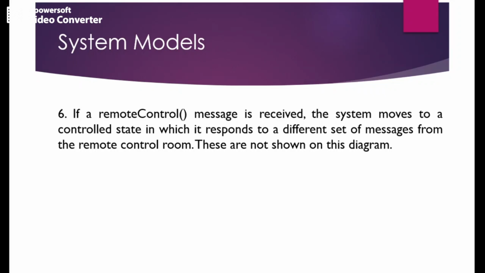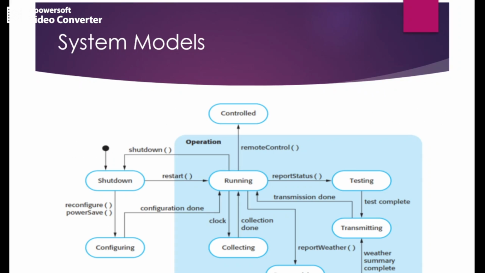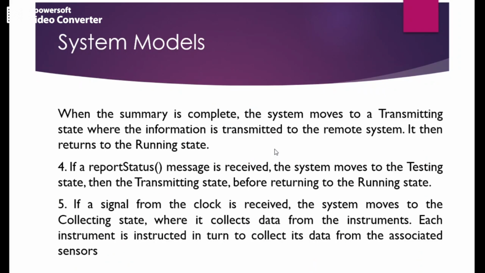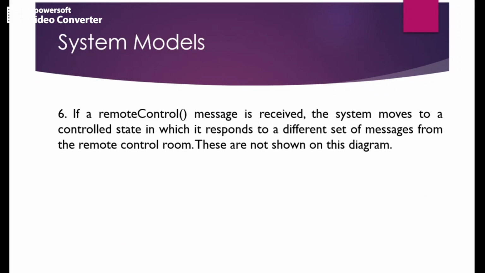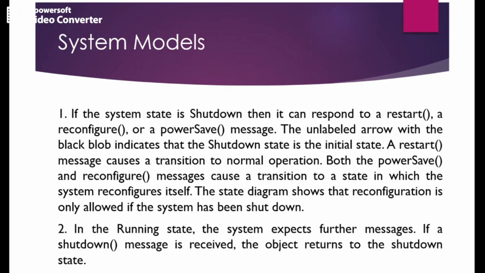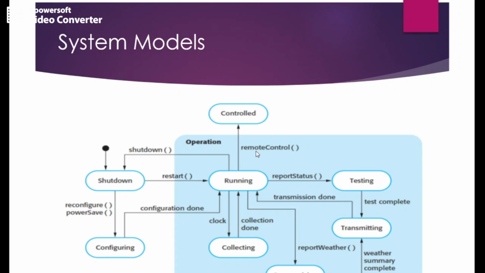Okay. Then one more message you can see here. That is remote control message. If a remote control message is received, the system moves to a controlled state. Once the remote control message is received, from running state, it moves to which state?